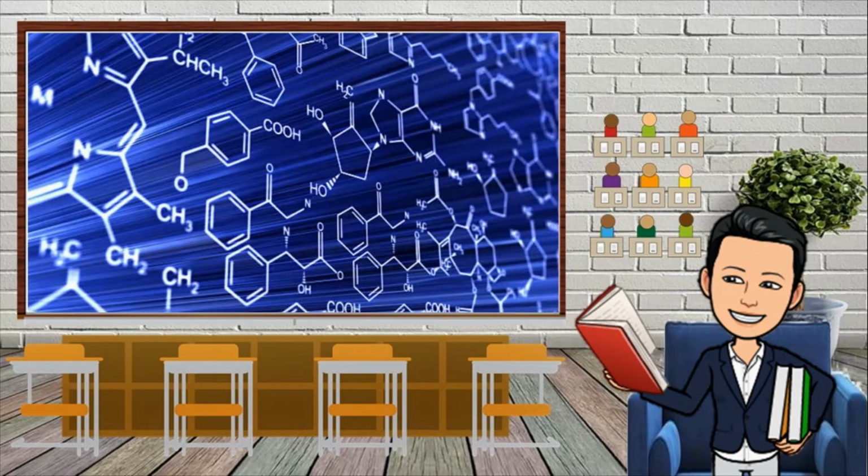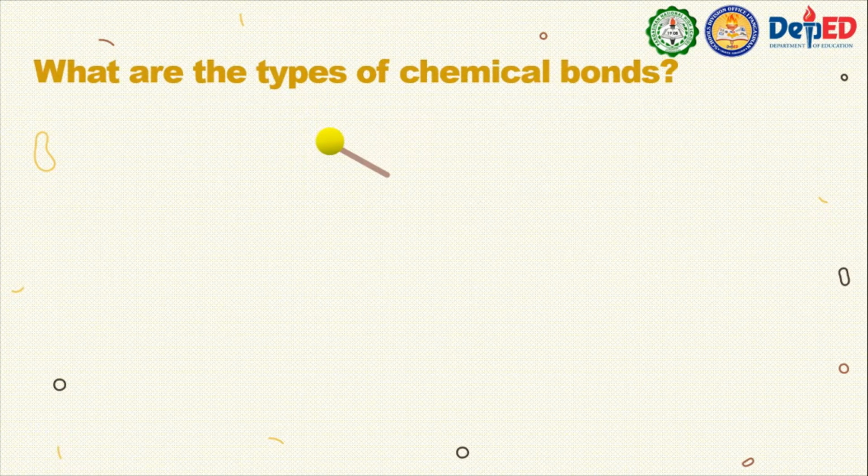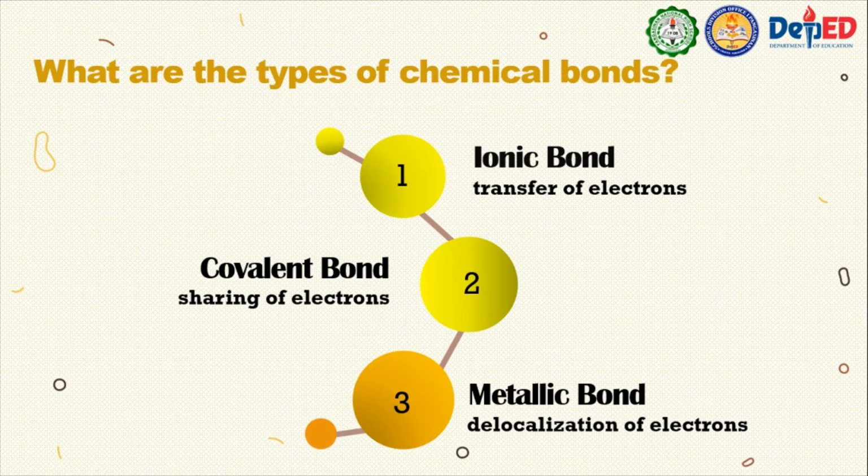Bonding between atoms forms millions of compounds that are represented in different forms of structures and shapes. There are two major types of chemical bonds, the ionic and covalent bond. Metallic bond is another type, but it is different from the two general types.